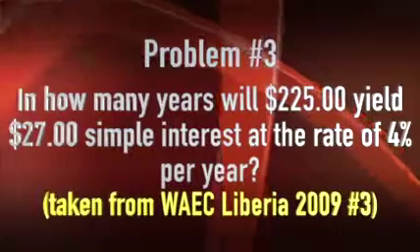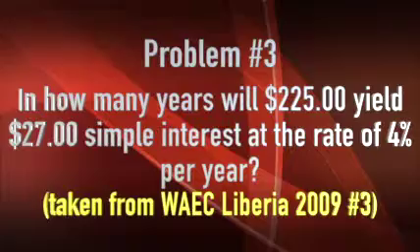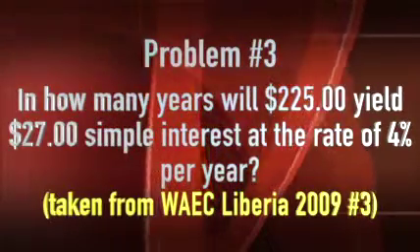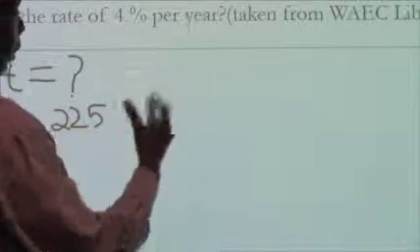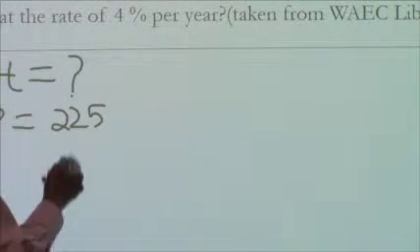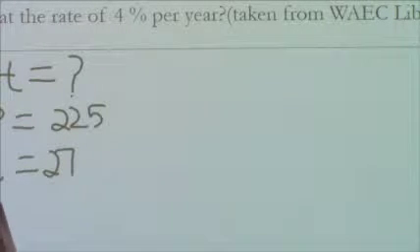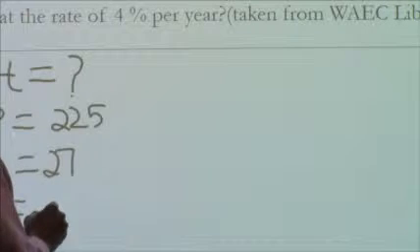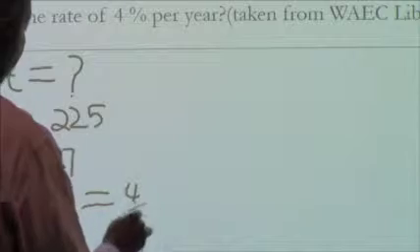Okay, good. So number 3 is a problem that was taken from WAEC Liberia 2009, problem number 3. Again, it's a problem involving interest. We see here how many years, so that means we don't know T. Well, $225 means your principal is 225. I'll ignore the decimal points for now. Yield simple interest, that means the interest is what? $27 at a rate of what? 4%. So I have to change this. I can just divide this by 100.